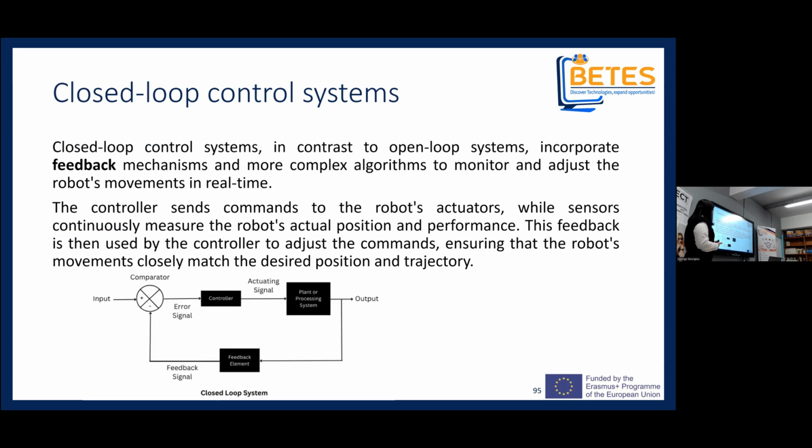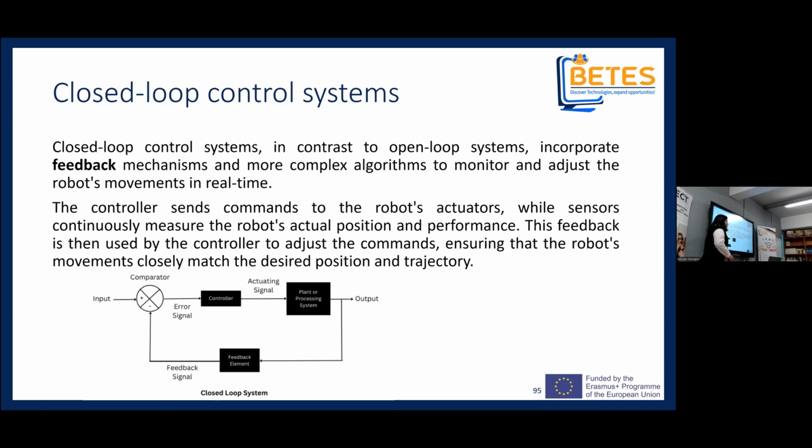And we have closed loop control systems, which have a feedback mechanism and more complex algorithms that monitor the movements in real time. So as you can see here, it has the input, the controller, it controls the output, and then it sends feedback at the same time.